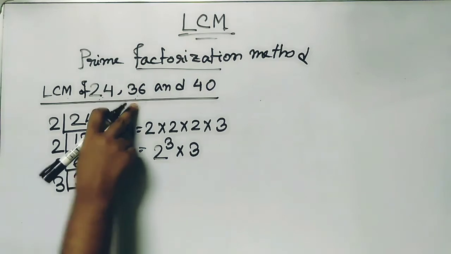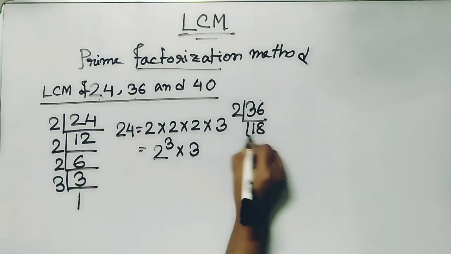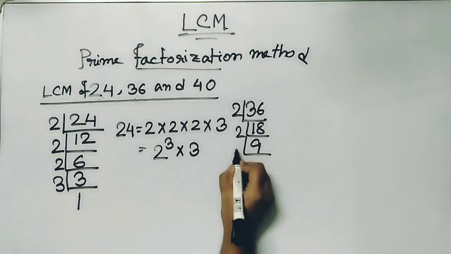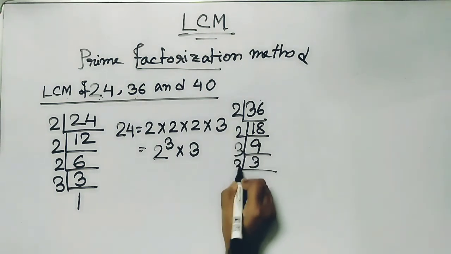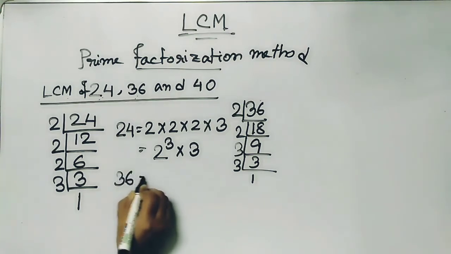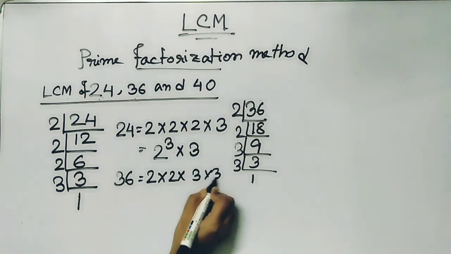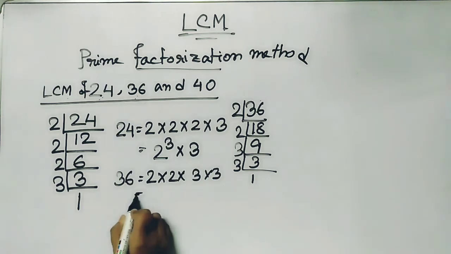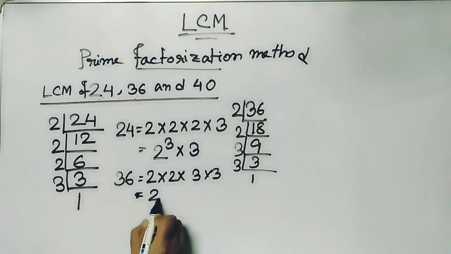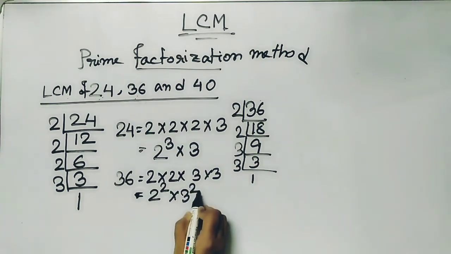Next we have to factorize 36. 36, 18, next 2 9s are 18, then 3 3s are 9, then 3 1s are 3. So we can write 36 equal to 2 into 2 into 3 into 3. That is, here 2 comes twice, that is 2 square, and 3 comes twice, so 3 square.